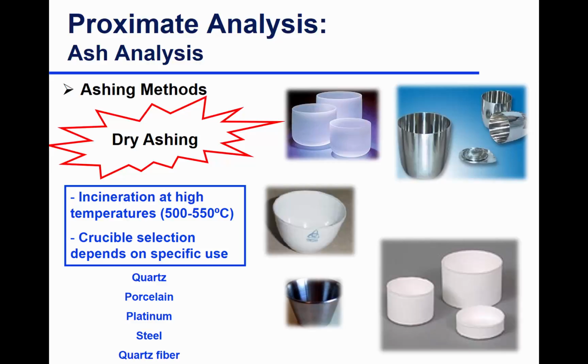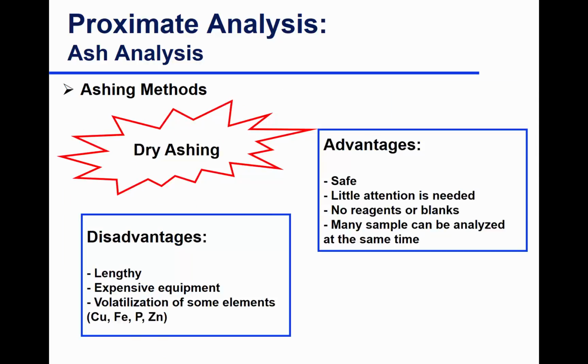This is quartz glass material, and this is quartz fiber. It's porous and disposable. It withstands high temperature and allows good circulation of heat because it's porous, so the temperature change in the sample happens very fast. And it's pretty stable. So these are the options, but what you have seen in the lab is porcelain, which is the most common one used in labs.